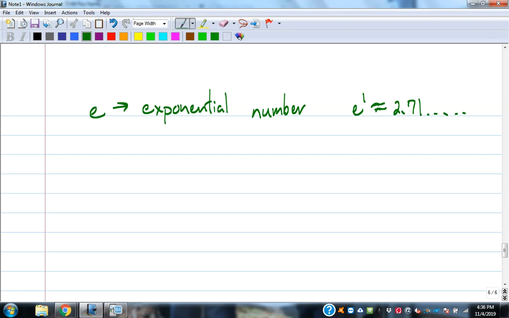It's used a lot in the life sciences when you talk about half-life of cells or bacteria, or growth of cells or growth of bacteria. E is used in the formulas for calculating when the population of that particular cell group or bacteria group will reach a certain level. So it's used in a lot of the natural sciences.